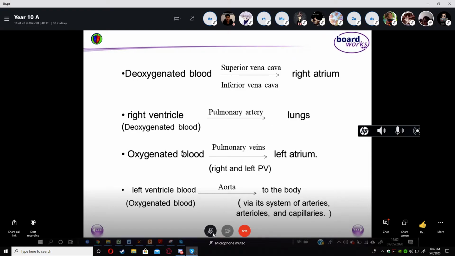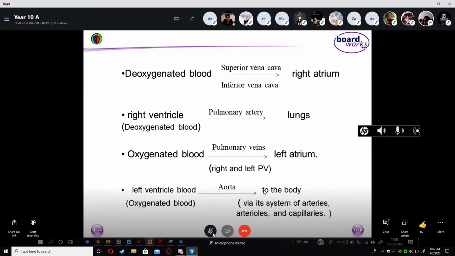Then this oxygenated blood goes through the pulmonary veins, right and left, and enters the left atrium. From the left atrium, it goes to the left ventricle. From the left ventricle through the aorta, it is pushed to different parts of the body via systems of arteries, arterioles and capillaries.